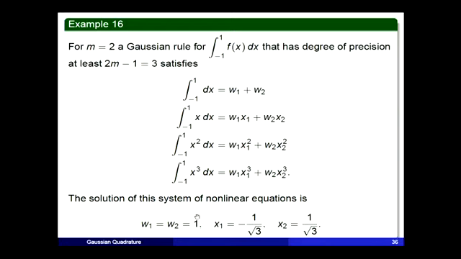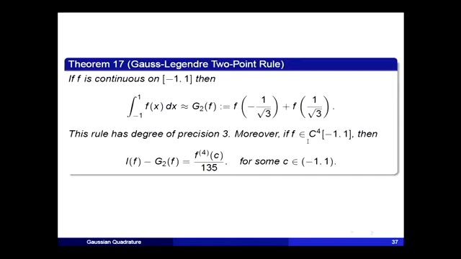So therefore, this rule integrates exactly all the polynomials of degree less than or equal to 3. Yeah? And we can summarize the Gauss rule for 2 points like this. So you take an integral of f from -1 to 1.